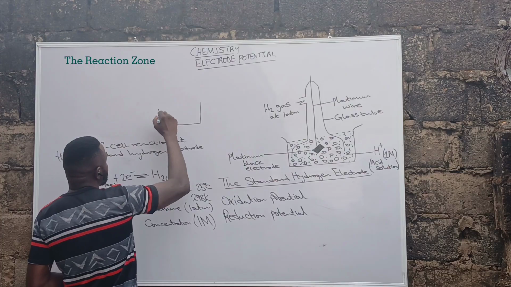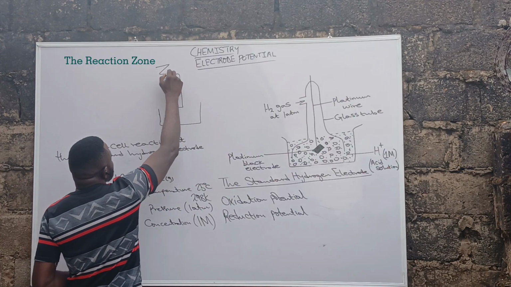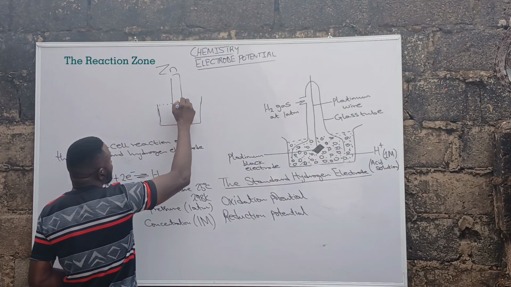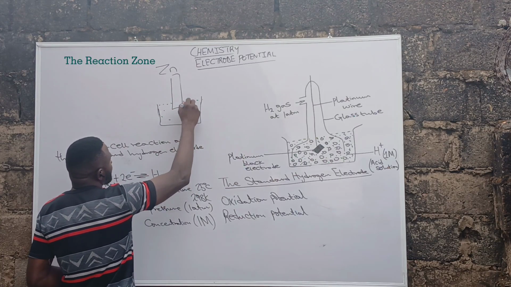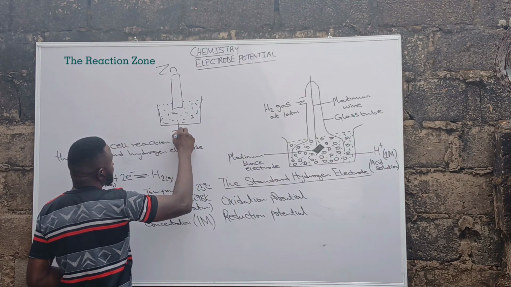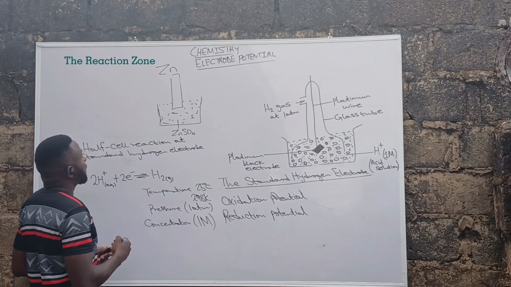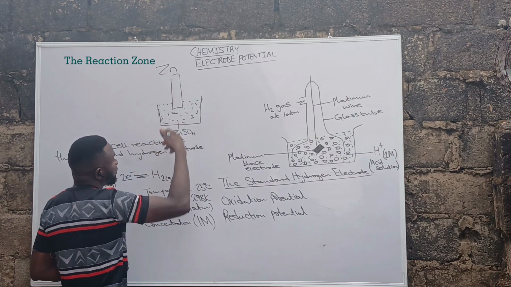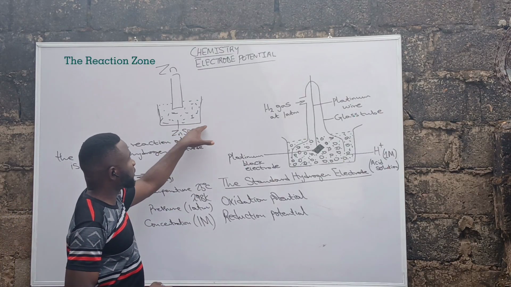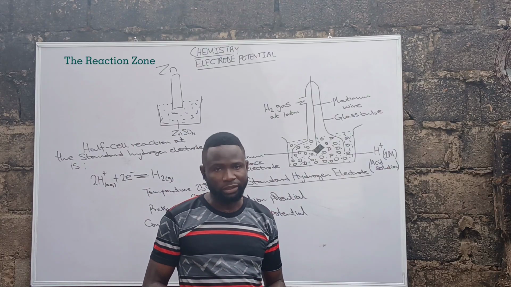Usually, if I want to determine, for instance, the electrode potential of a zinc electrode or a zinc half cell, if I have ZnSO4 here, which obviously contains zinc ions, and I want to determine the electrode potential of this electrode, I will have to connect it to another electrode whose potential is known.